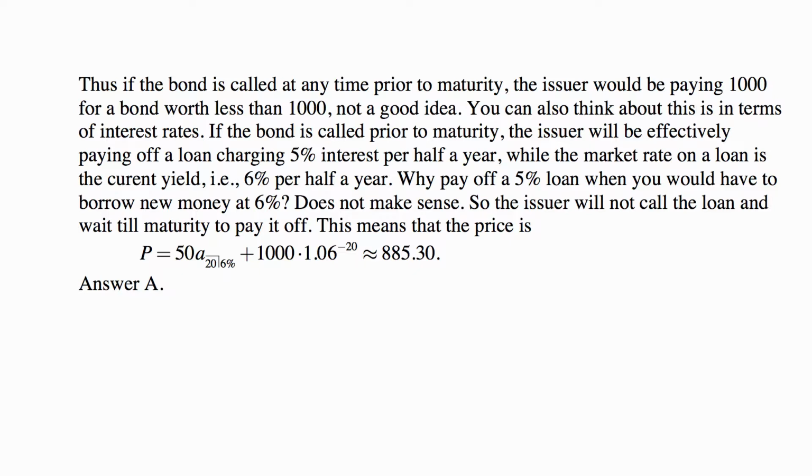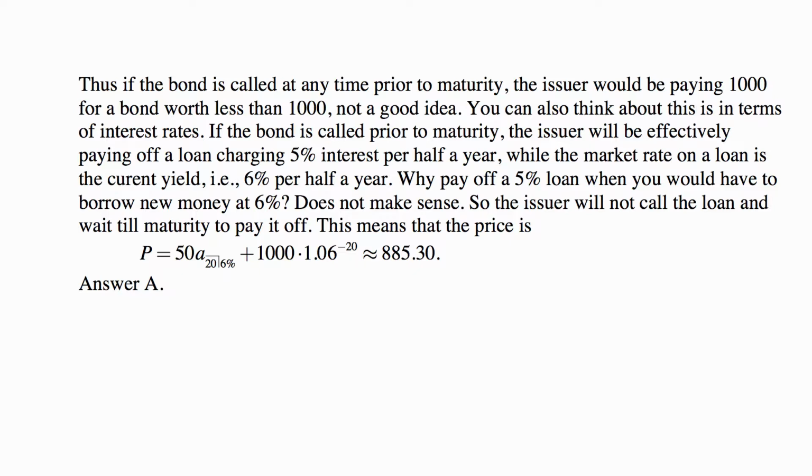This means that the price is determined based on the idea that the payment of the principal will come in 20 half-a-year periods, and there will be 20 half-a-year periods when the payments of coupons of 50 will be made. So we're basically pricing this bond as a bond with a coupon of 50 over 20 periods at 6% and maturity value of 1,000.